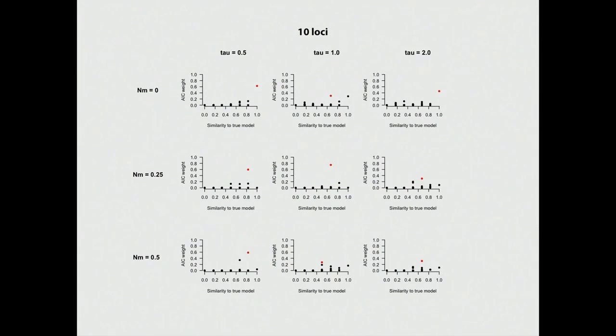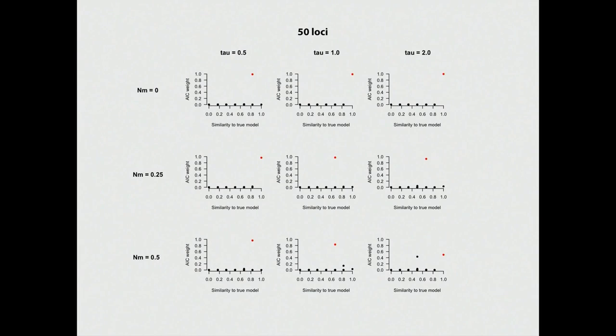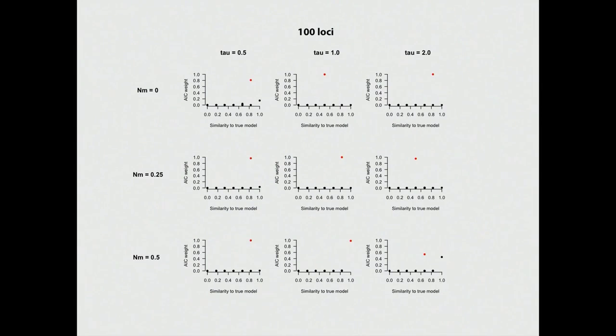Here, not so good: the true model is over here, and we are somewhat similar to the true model. As we increase the number of loci, we're often doing pretty well with 50 loci, but not always. And here's 100 loci, with a similar story.